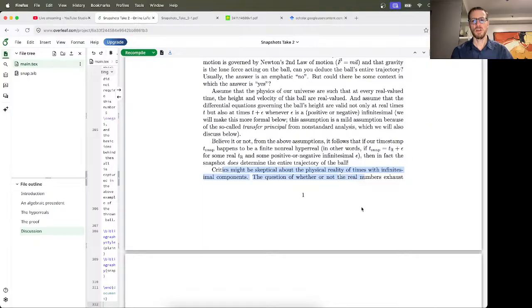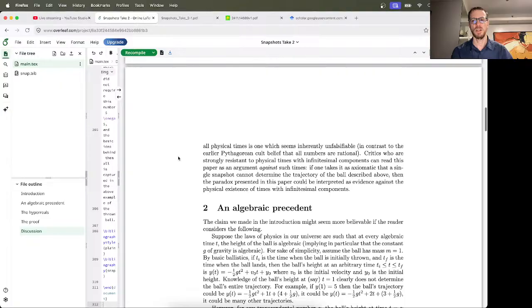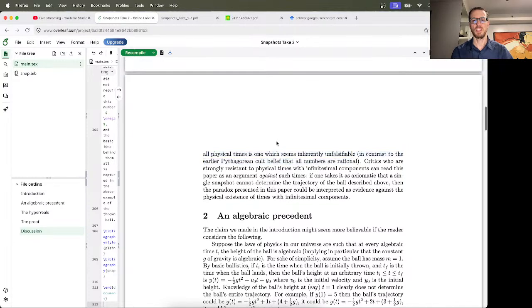The question of whether or not the real numbers exhaust all physical times is one which seems inherently unfalsifiable, in contrast to the earlier Pythagorean cult belief that all numbers are rational. Critics who are strongly resistant to physical times with infinitesimal components can read this paper as an argument against such times. If one takes it as axiomatic that a single snapshot cannot determine the trajectory of the ball described above, then the paradox presented in this paper could be interpreted as evidence against the physical existence of times with infinitesimal components.